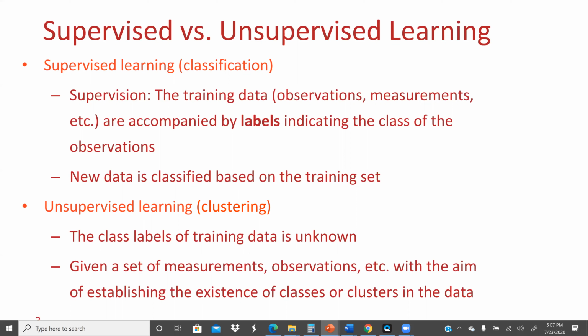Data with values that are not similar, we have to separate them. Yes, they have to go to different clusters. So here we say, given a set of measurements or observations, the aim is establishing the existence of classes or clusters in the data.